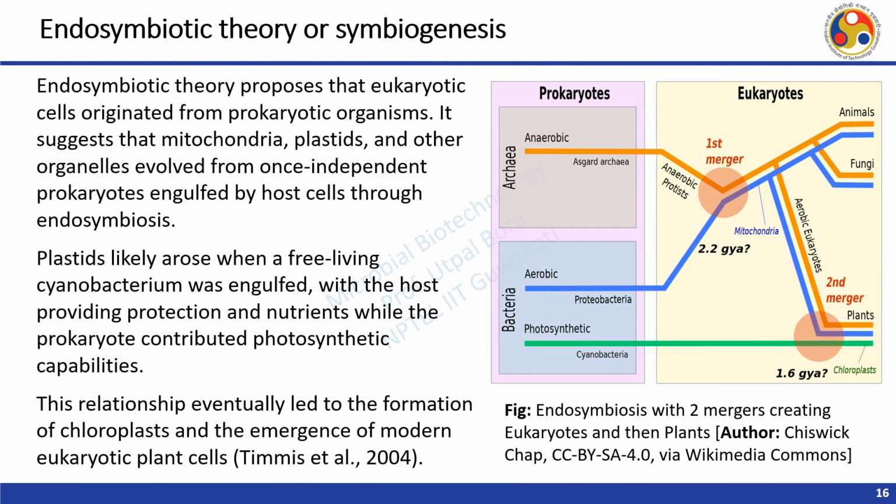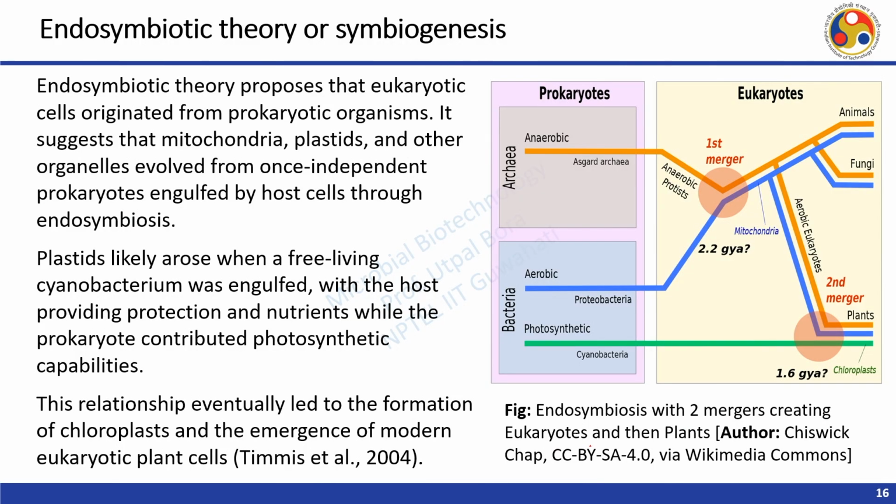Plastids likely arose when a free-living cyanobacterium was engulfed by the host, providing protection and nutrients, while the prokaryote contributed photosynthetic capability, which was a win-win situation for both systems. This relationship eventually led to the formation of chloroplasts and the emergence of modern eukaryotic plant cells.